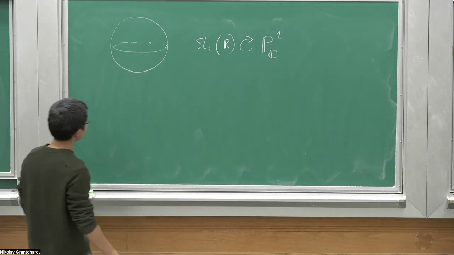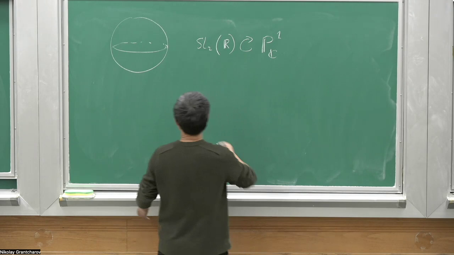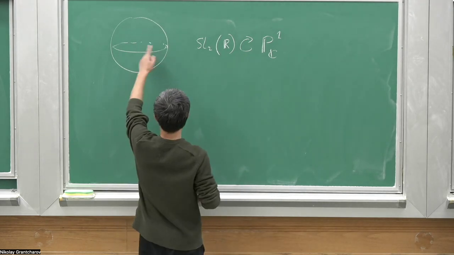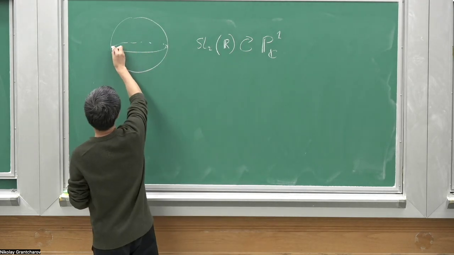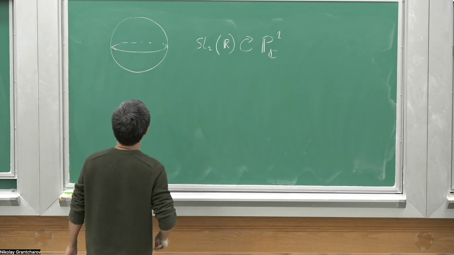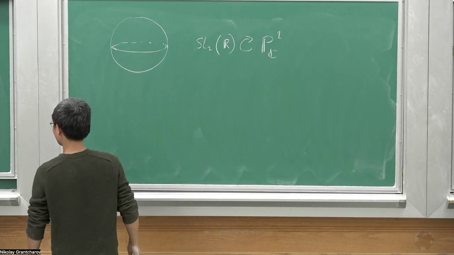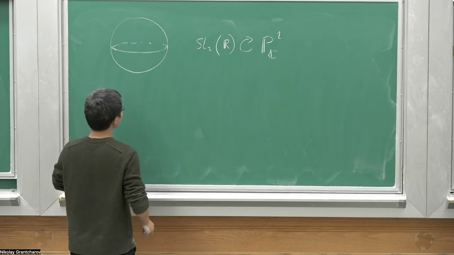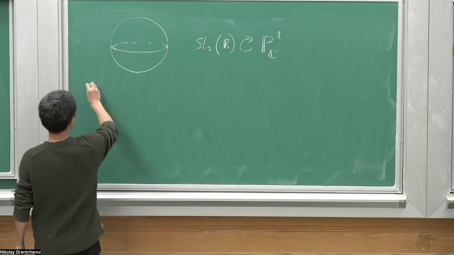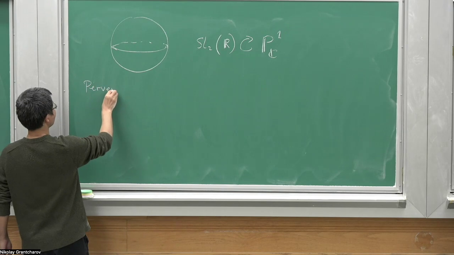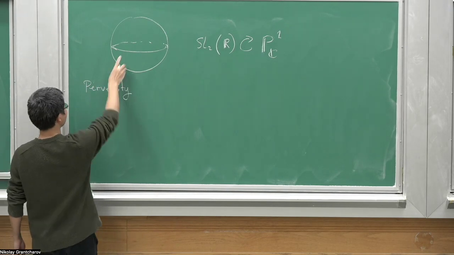So the orbit structure is two half spheres and the equator. Now first we introduce a perversity function in this situation.